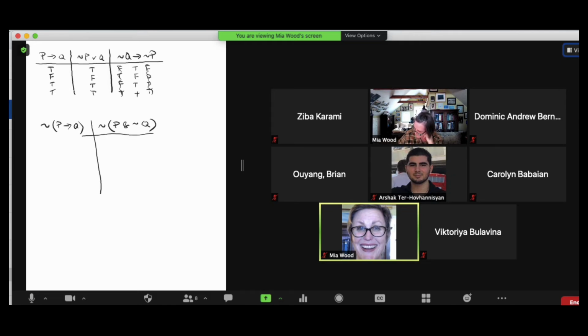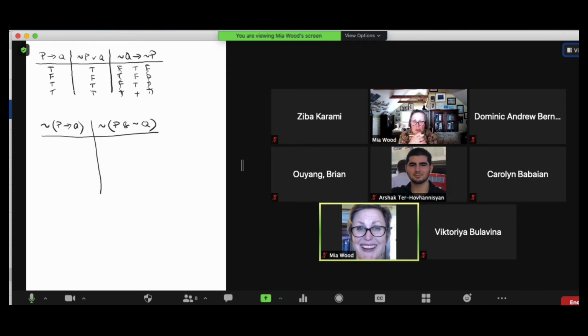All right, so main operators. For the first sentence on the left, is it the negation or the arrow? Is it the negation or the conditional? Is it the tilde or the conditional? It's the tilde, yep.